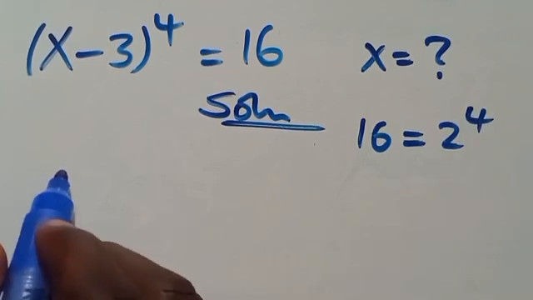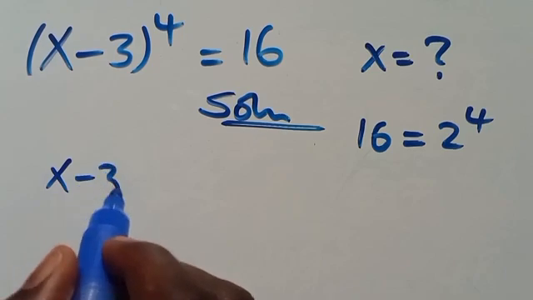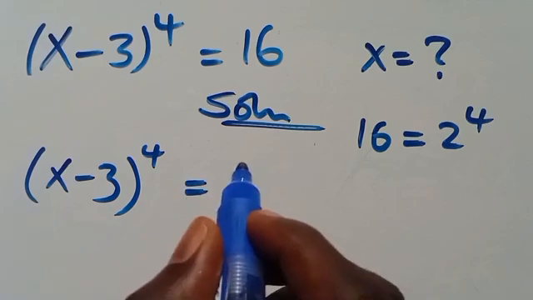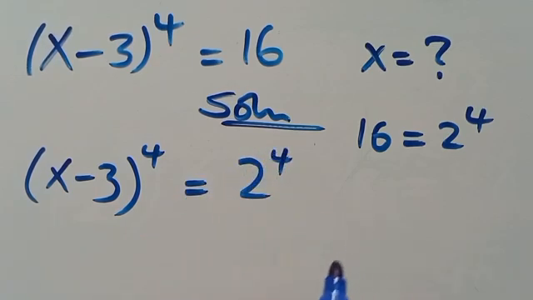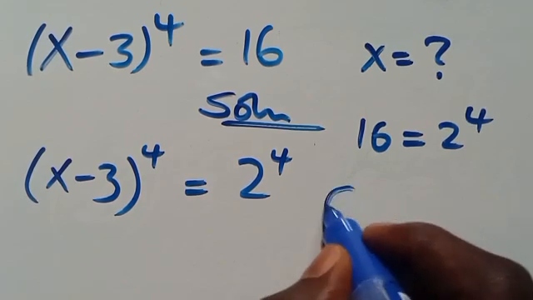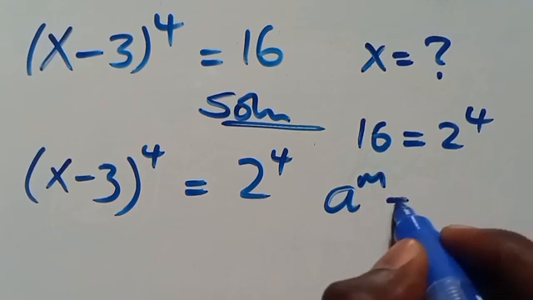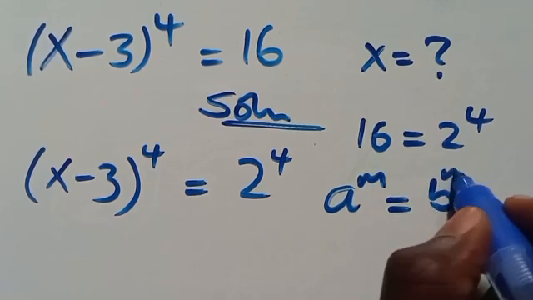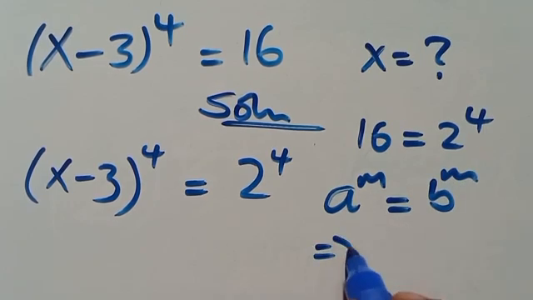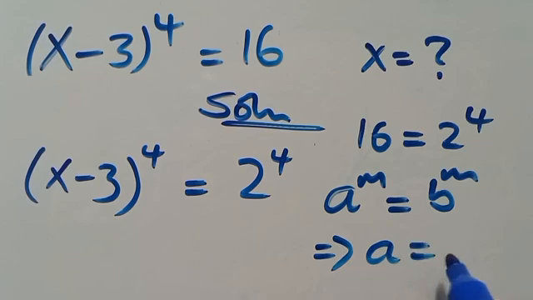So from here, we can have it as (x - 3)^4 = 2^4. Then let us recall that when we have a^m = b^m, since they have the same power, this implies that a = b.